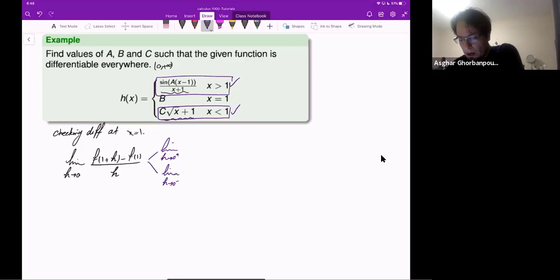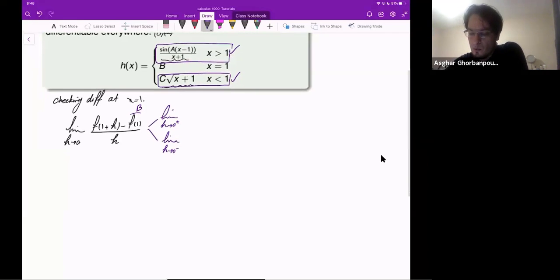But you notice that f at 1 is b, and we have too many constants in the numerator. To have an easier thing to deal with, it's better to use other facts, hoping that we can find some of these constants before we go ahead.